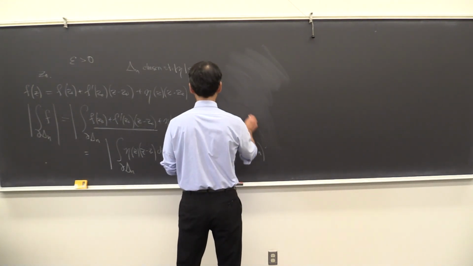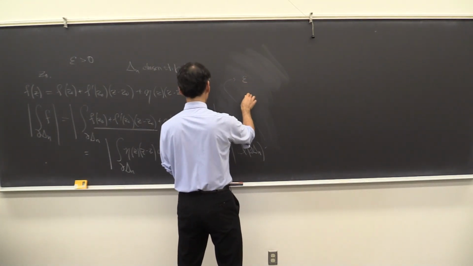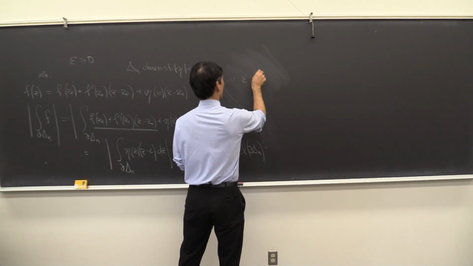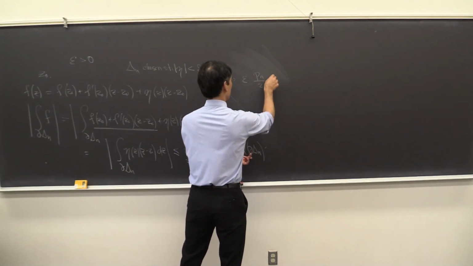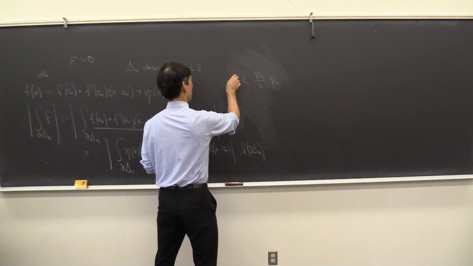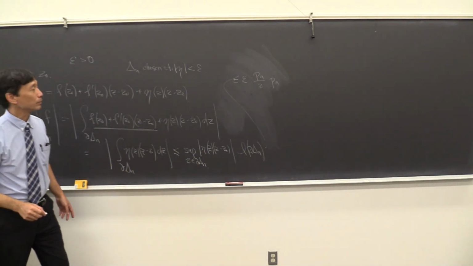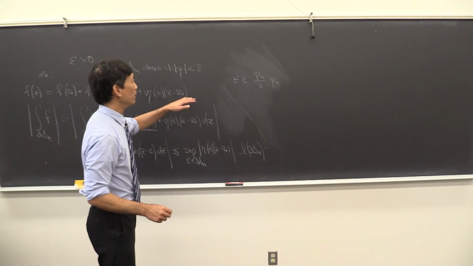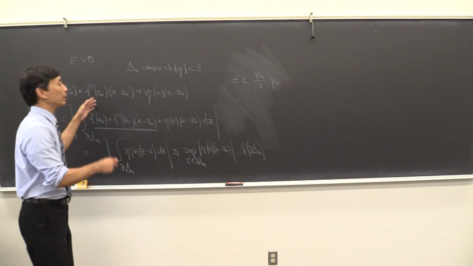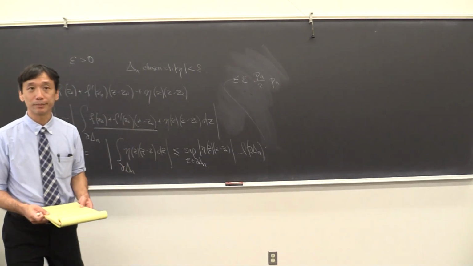And then the point here was that eta is smaller than epsilon. This distance was smaller than the perimeter divided by 2, and then this distance is the perimeter. So you get this, and then we showed that we could make things arbitrarily small.